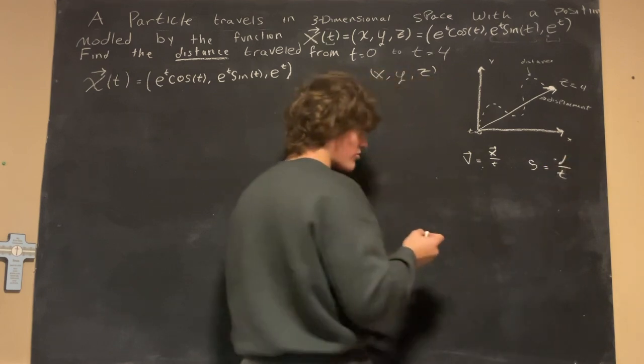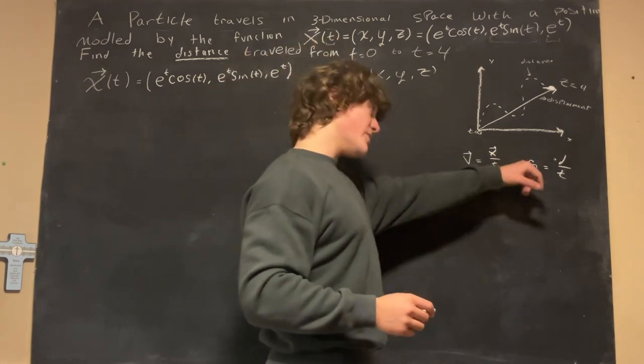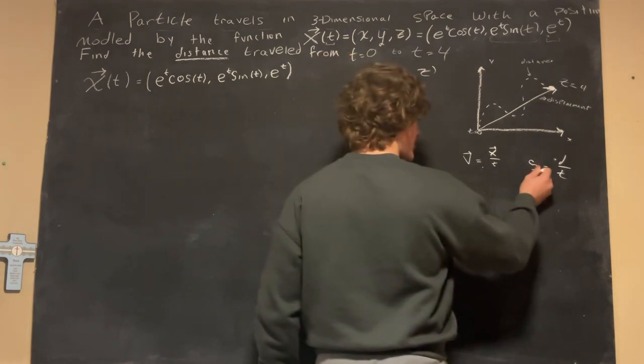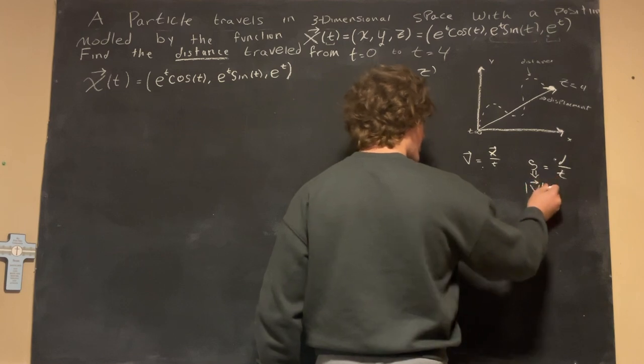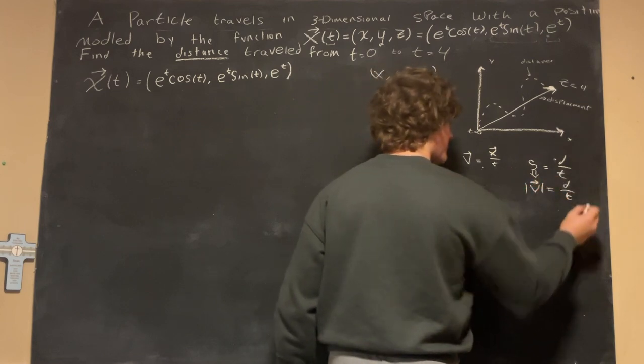This has no vector over it either. So since speed is the magnitude of your velocity, that means that we could say the following: the absolute value of the velocity vector is equal to our distance divided by time.